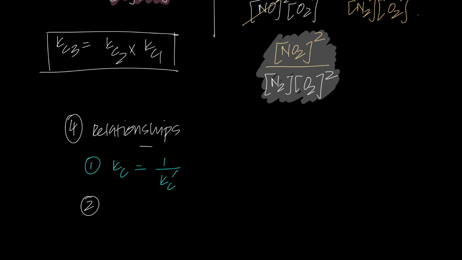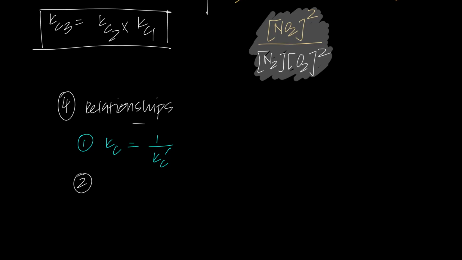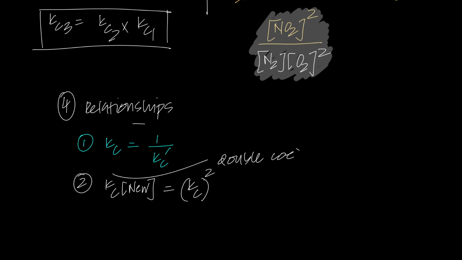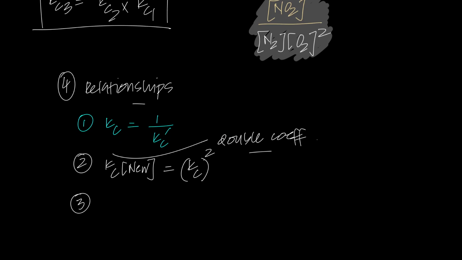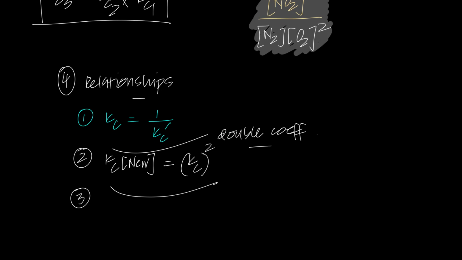If you double the coefficients of an equation, the new Kc would be squared: the old Kc raised to the power of 2. Triple it, and it'll have a cubic effect, and so on. But if I half the coefficients, what's going to happen?